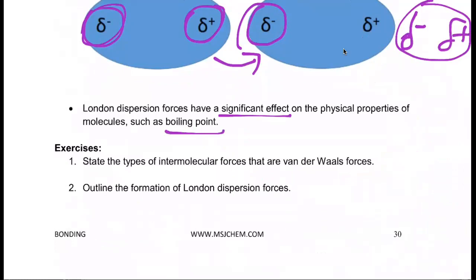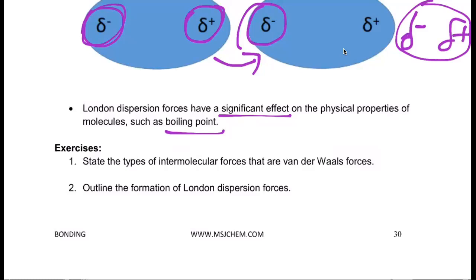When we're done talking about all three of these, we're going to compare them and see how they affect these properties. But London dispersion forces can affect the boiling point, because of the higher your molar mass. More molar mass means you have more protons and electrons in your atoms, correct? More electrons means you're going to have more of these instantaneous and induced dipoles.